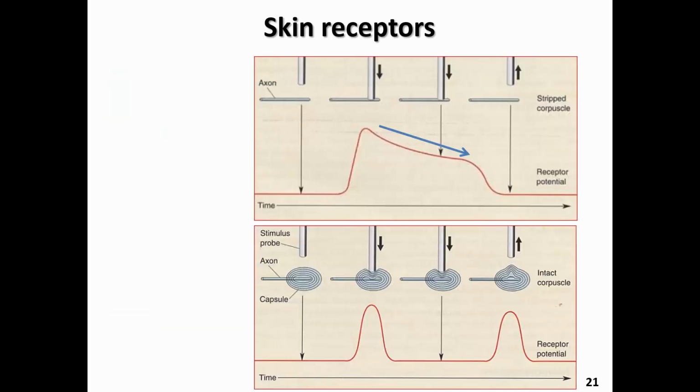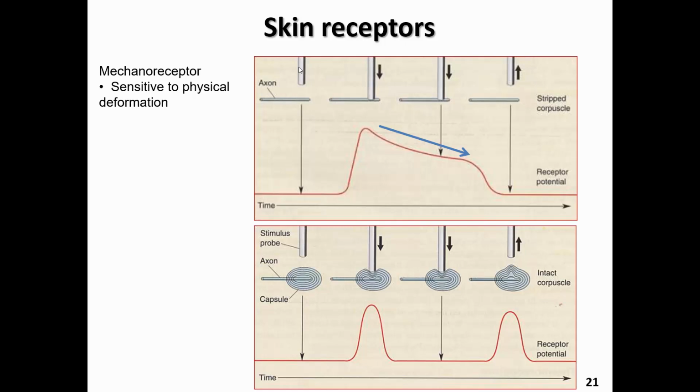And to understand the mechanism behind why the Pacinian corpuscle is a fast adapting mechanoreceptor, we start with the upper image here, which shows a mechanoreceptor illustrated in gray. What we see here is a bare axon, and that bare axon is going to be stimulated mechanically by this experimental probe.